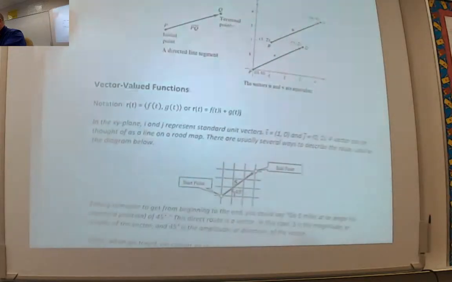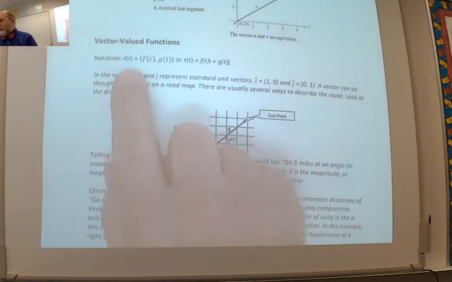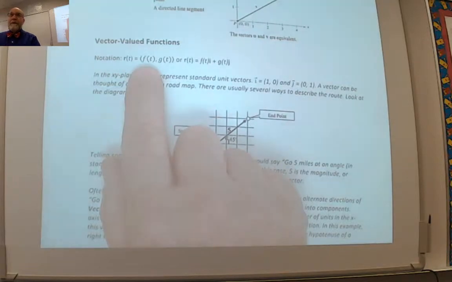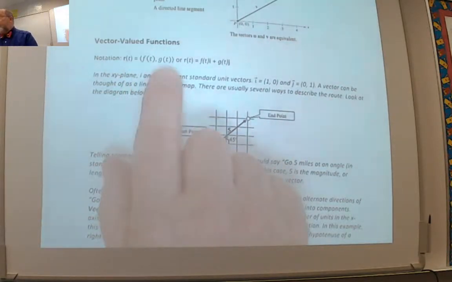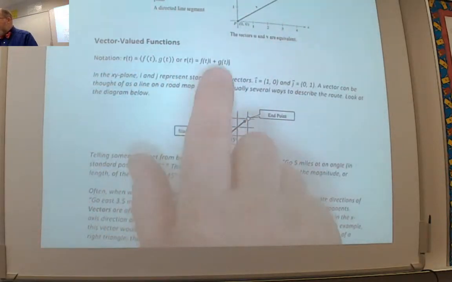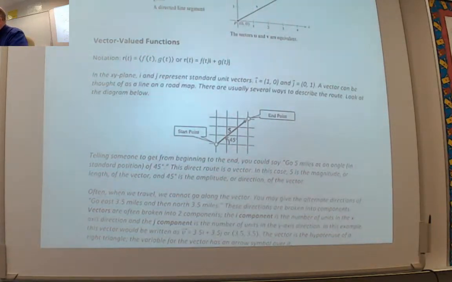Vector valued functions. So the function here is going to be called R. And this is how we write a vector. This is going to be some number, and this is going to be some number, and it's going to be computed as T. And a common way you see this, like this one up here, let me put these notes in here.